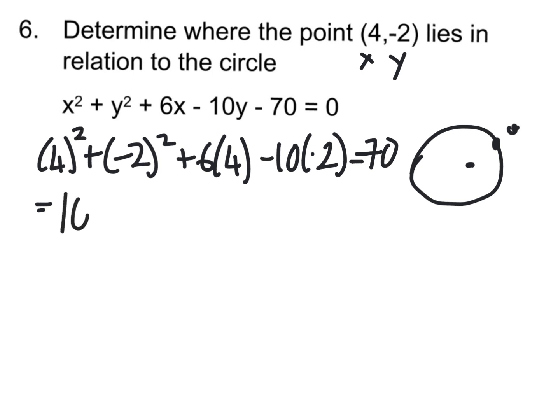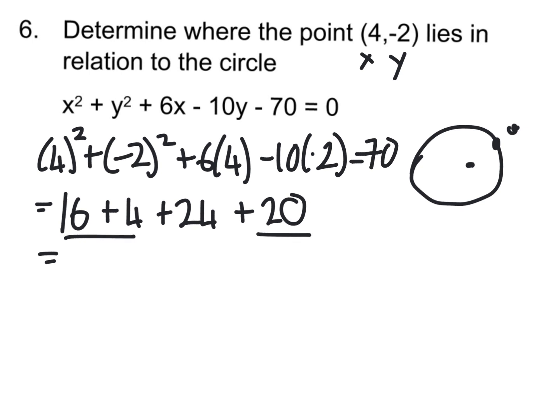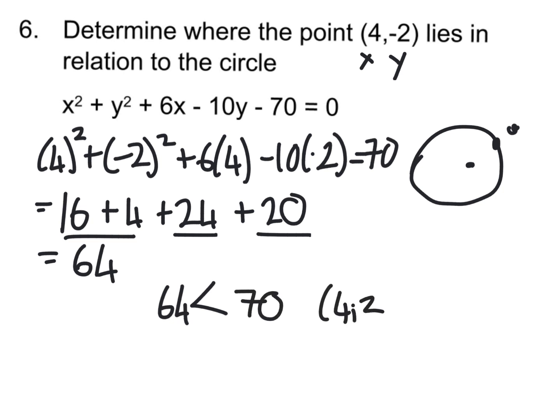So we'll have 16 plus 4 plus 24 plus 20. And let's add this up. Well, this is 20 and another 20 is 40, plus 24 is 64. Now it didn't equal 0. So since 64 is less than 70, 4, negative 2 lies inside the circle.